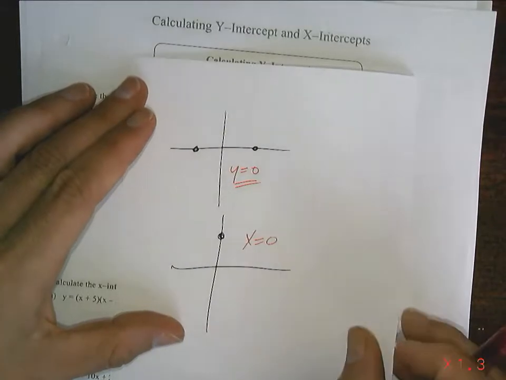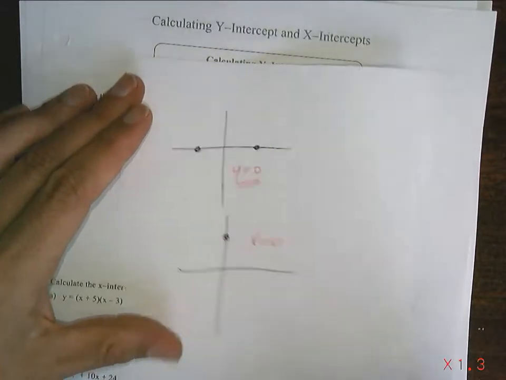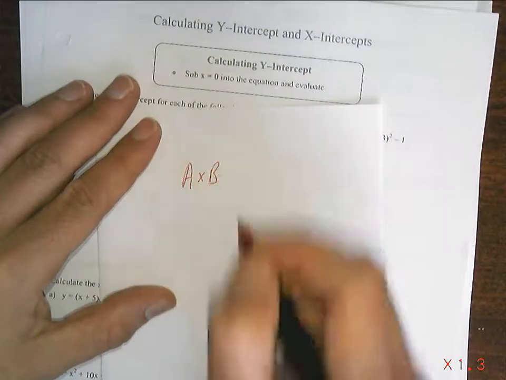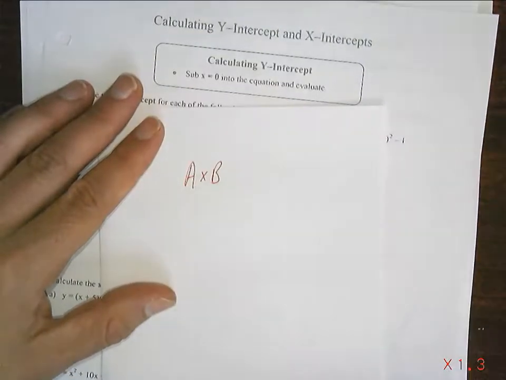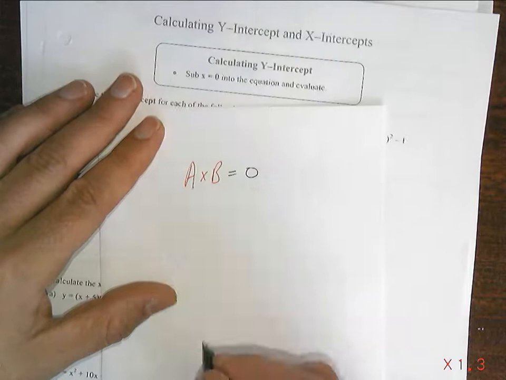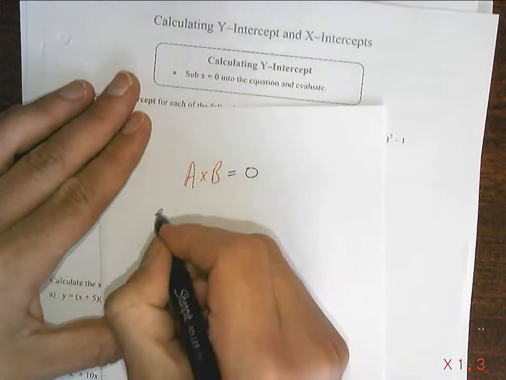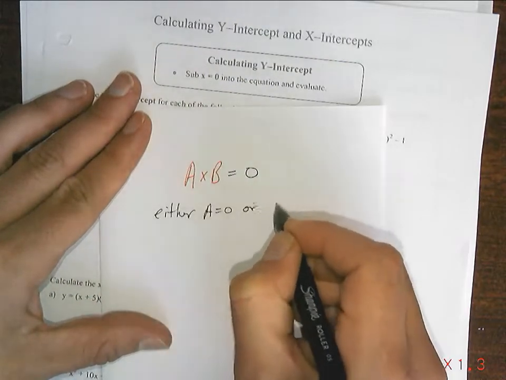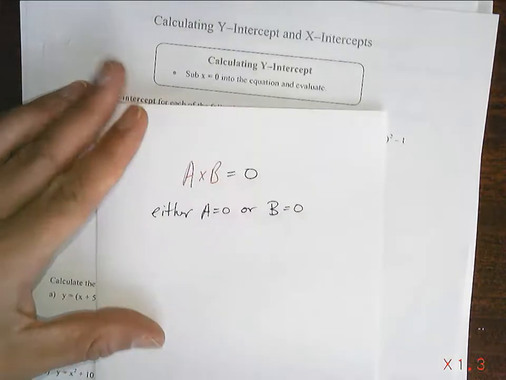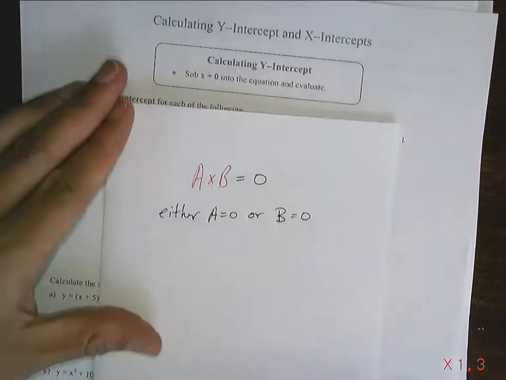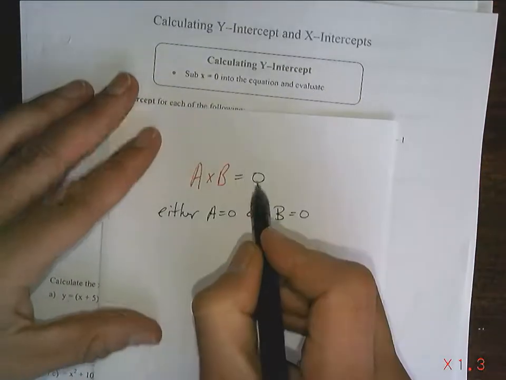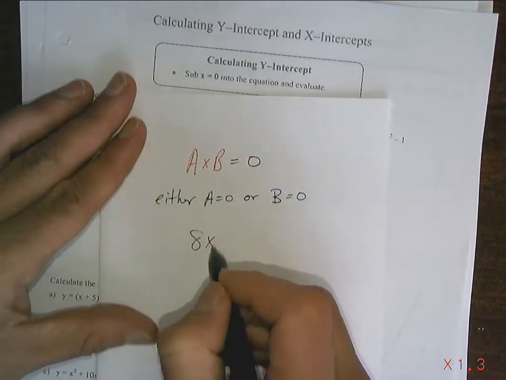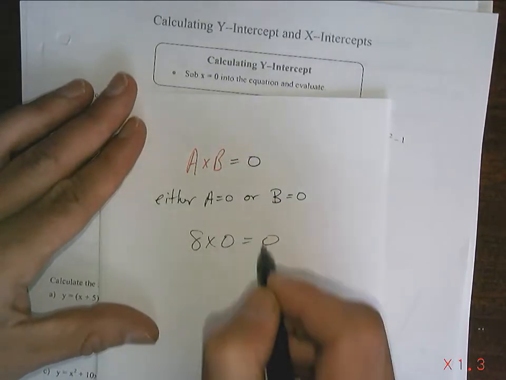Here's the second concept I need you to really understand. If I have two things being multiplied together to give 0, then either the first one is 0 or the second one is 0, and sometimes they're both 0. If I want 8 times a number to give 0, that other number better be 0.